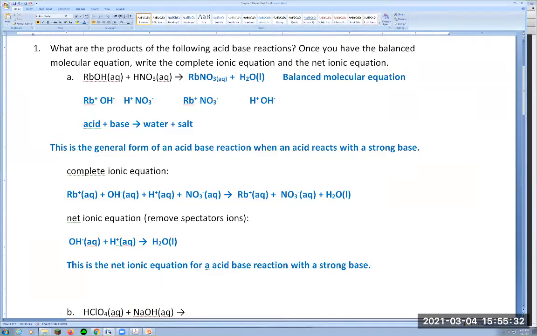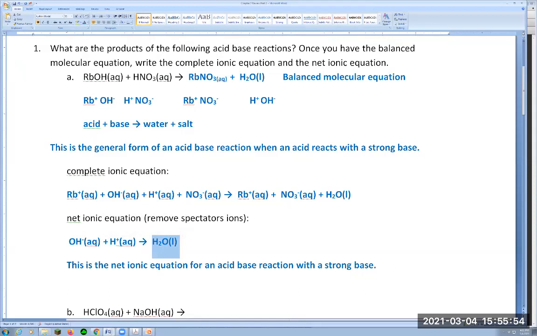So this is the net ionic equation that you will always get for an acid-base reaction when you have an acid reacting with a strong base. It will always come down to the H plus coming from the acid, reacting with the OH minus coming from the strong base, and making water together.